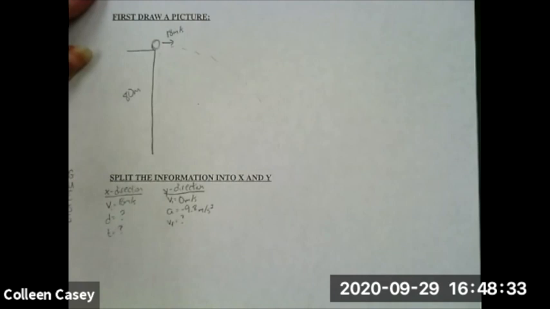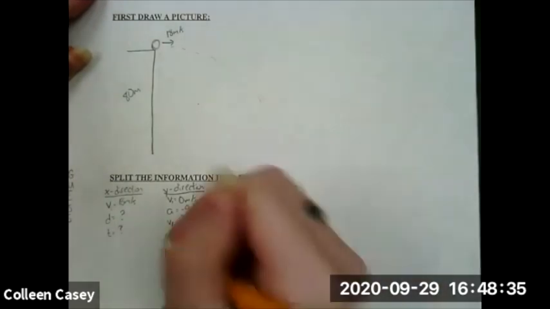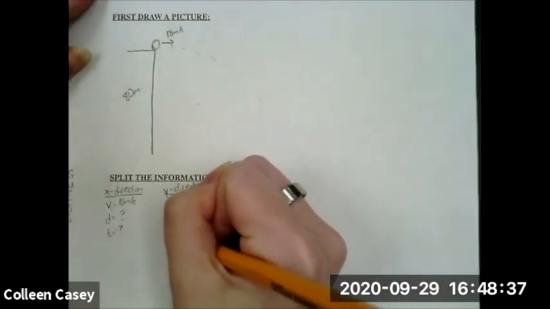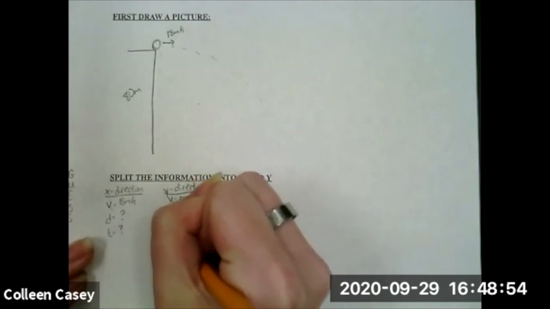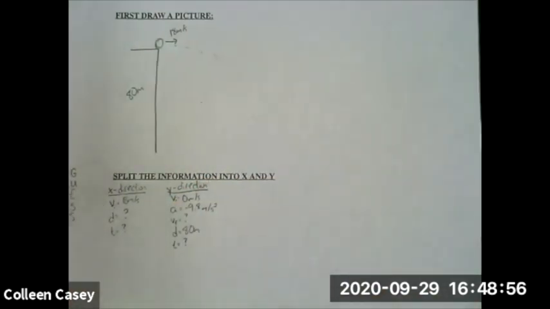Wile E. Coyote is going to go vertically 80 meters. No matter which way he falls, flying off the cliff or just jumping straight down, he is going to fall 80 meters. And the last piece of information is I don't know the time.